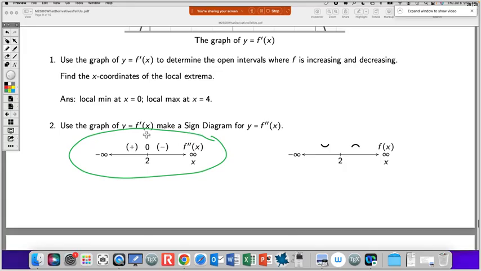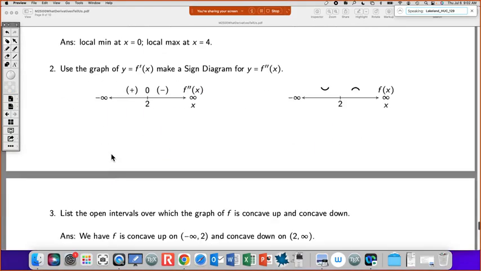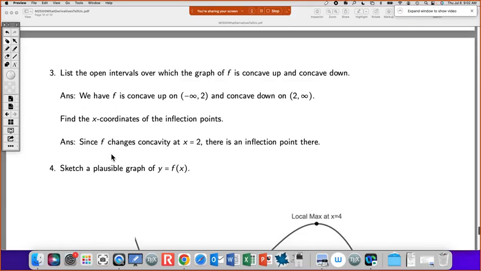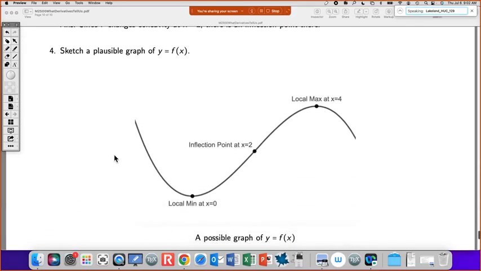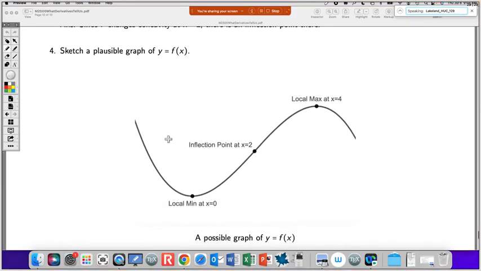Now, if the second derivative is positive, that means the original is concave up and then concave down. And so we can put all that together. It's concave up, decreasing, then increasing, and then increasing, and then decreasing.